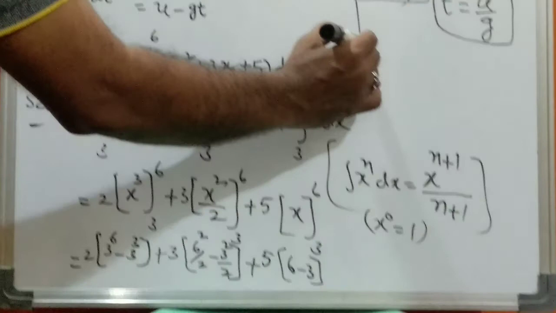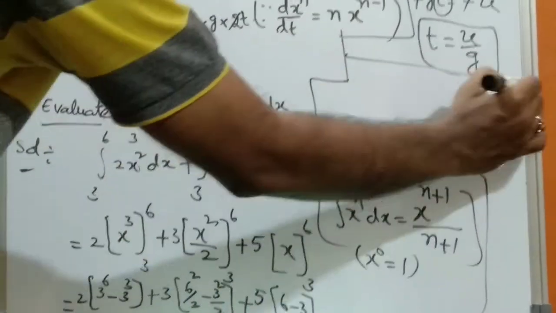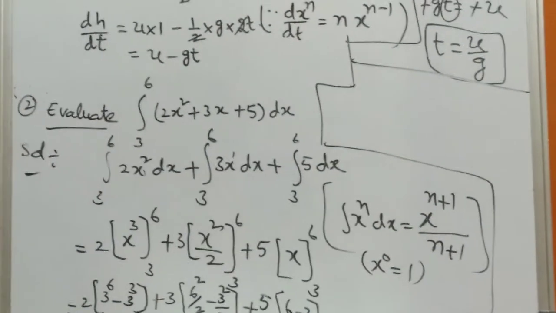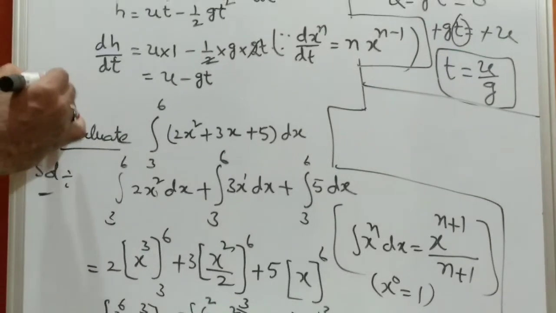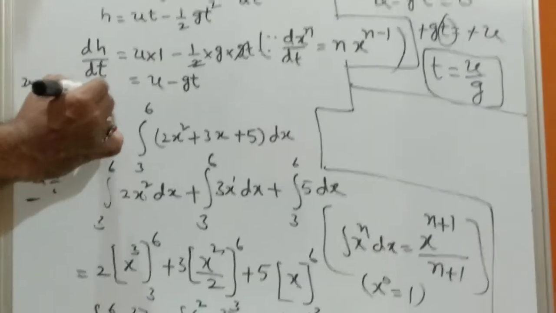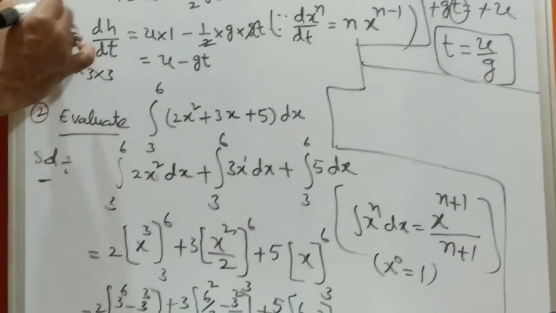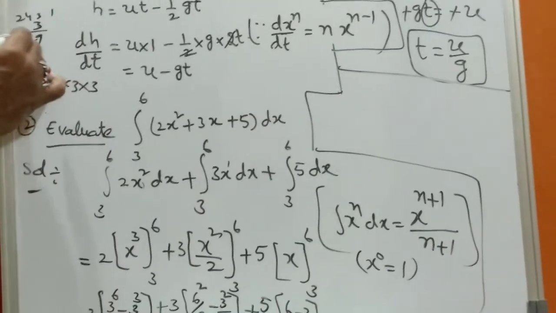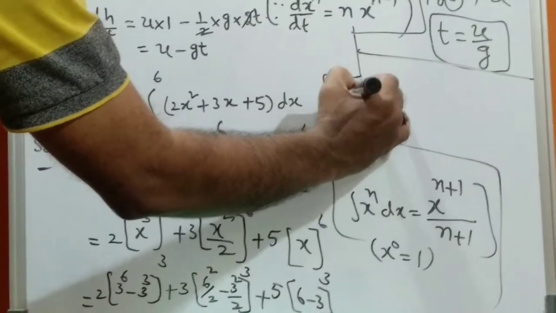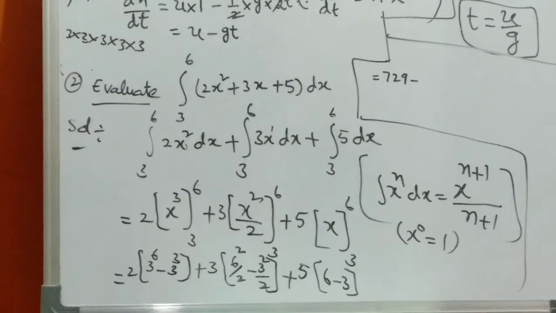So we continue here. We have to calculate 3 to the power 6: 3 3s are 9, 9 3s are 27, 27 3s are 81, 81 3s are 243, 243 3s are 729. So 729 minus 3 cubed, which is 27.